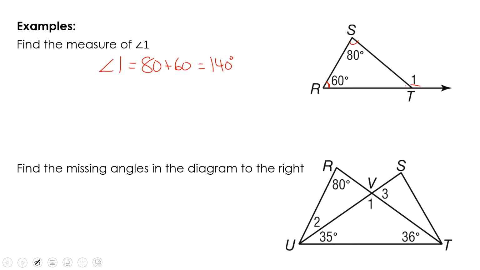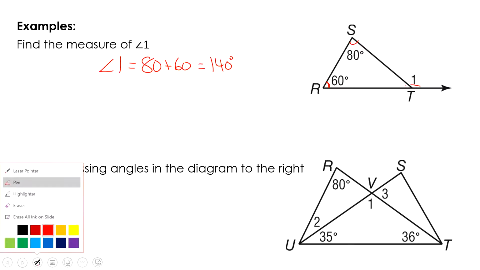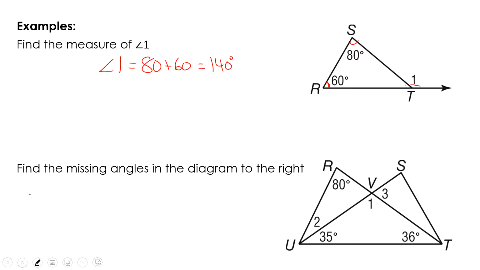What you're going to see in some of the stuff we're working on, though, is a diagram like the one on the bottom right of your page. We're asked now to find the missing angles. So just so you know what we're looking at, we're looking for angle 2, angle 1, and angle 3.